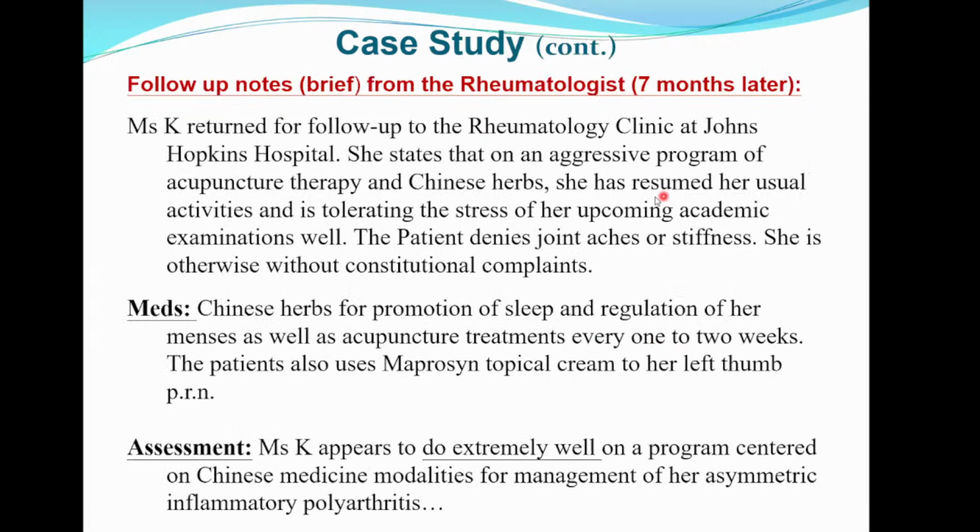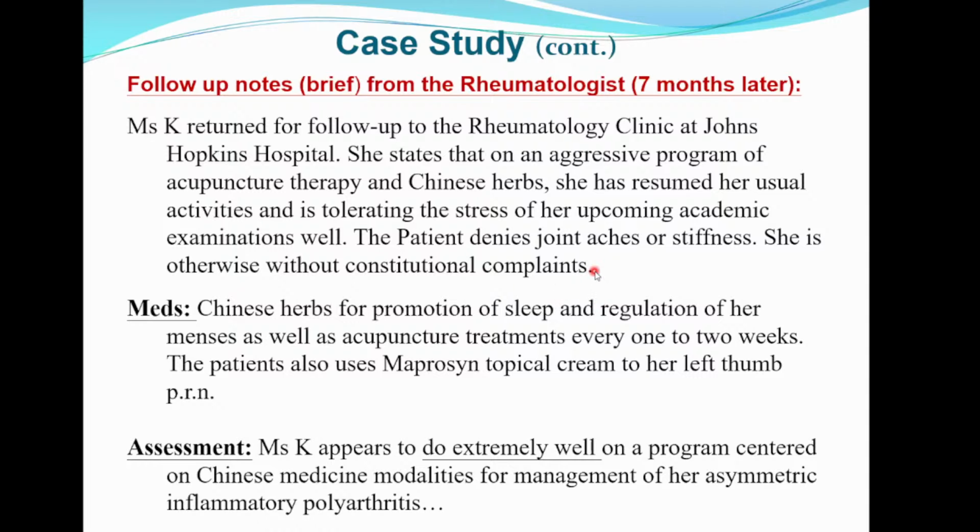Seven months later, the doctor sent me follow-up notes, as she had been following with her rheumatologist. The rheumatologist wrote in this note: Ms. K returned for follow-up to the rheumatology clinic at Johns Hopkins Hospital. She stated that on an aggressive program of acupuncture therapy and Chinese herbal medicine, she has resumed her usual activities and tolerates the stress of her upcoming academic examinations well.